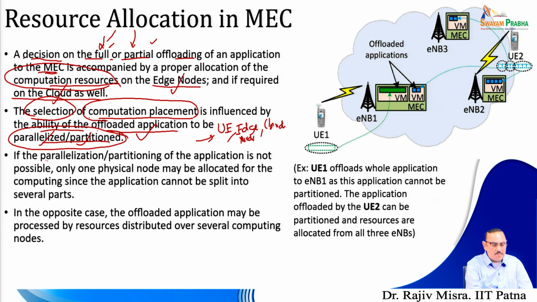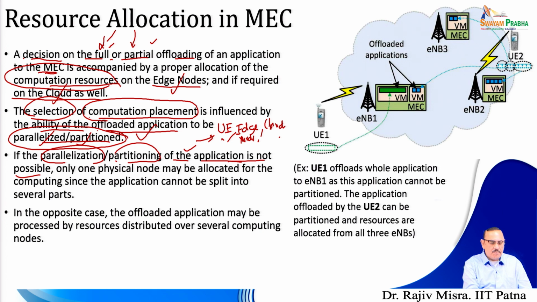Let us see an example: let us say any mobile application has a particular module which takes input from the user, let us say the user is typing some input. That part is not offloadable or partitionable, but the remaining computation part of that application can be partitioned or it can run in one of these placements, that is, on the edge or on the cloud.